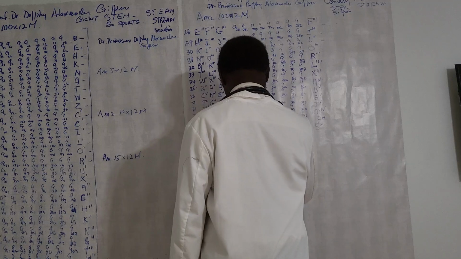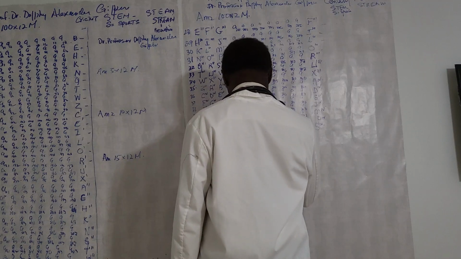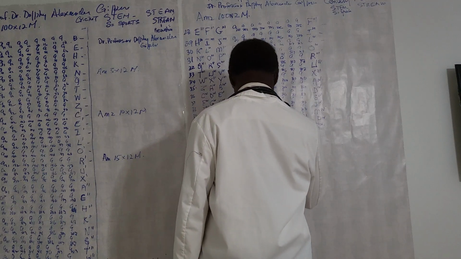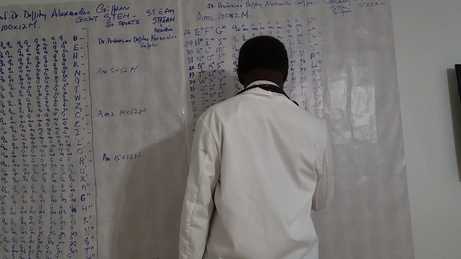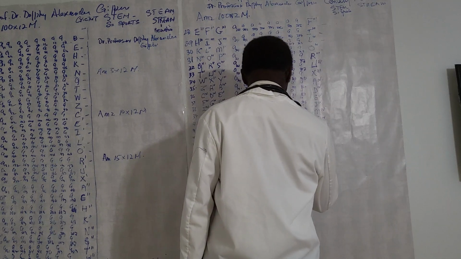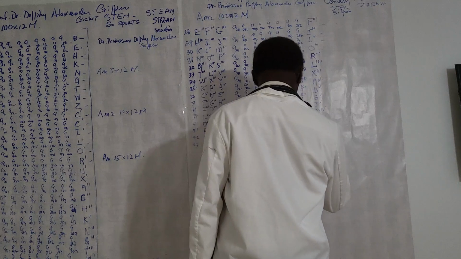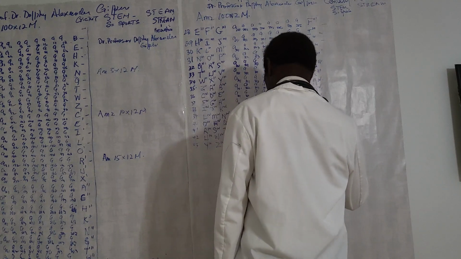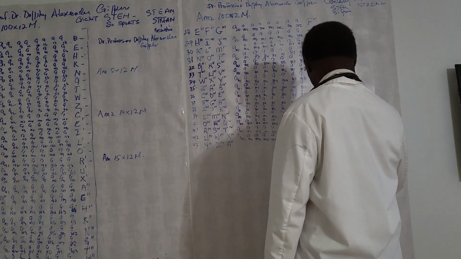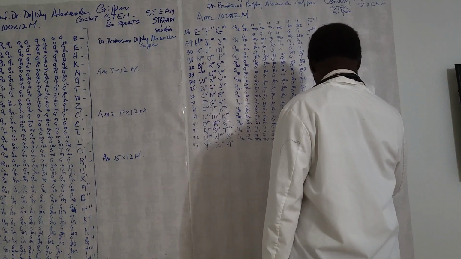So here we have now A42-1, A42-2, A42-3, A42-4, A42-5, A42-6, A42-7, and A42-8. And we have W IV.